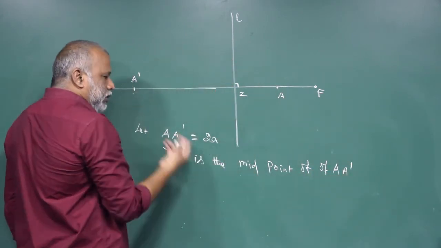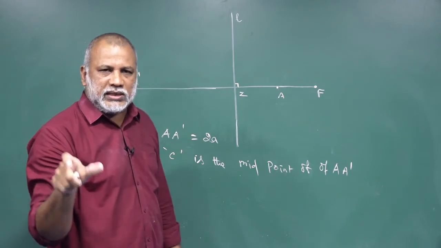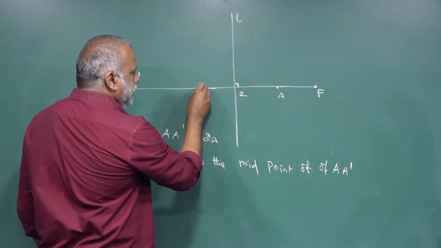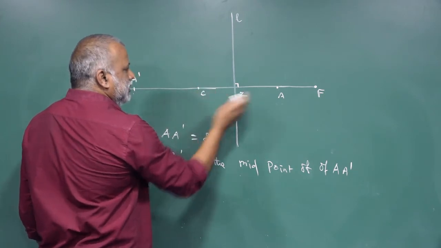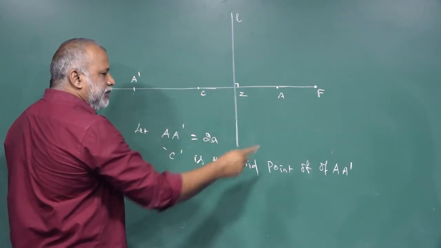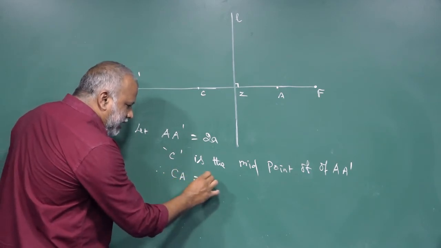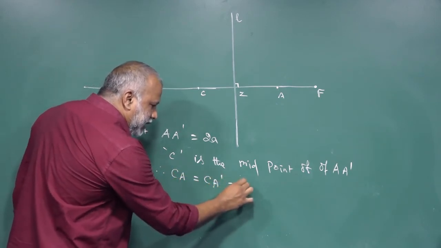So AA dash equals 2A, it is a constant distance. In between we are considering a point C. Consider C. C is the midpoint of AA dash. Therefore we can say CA equals CA dash equals A.